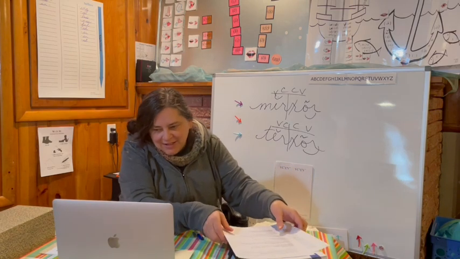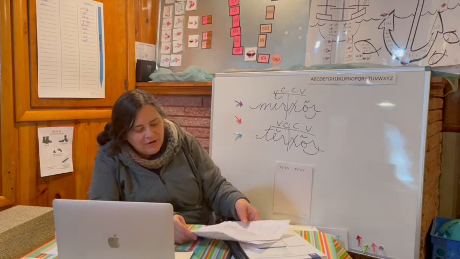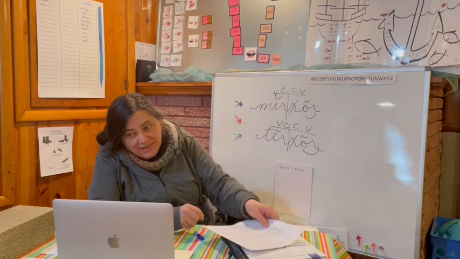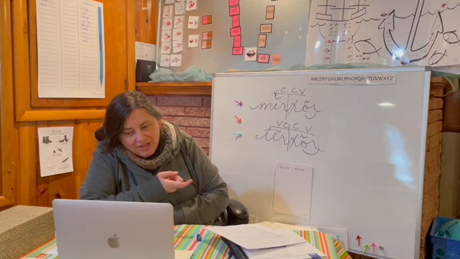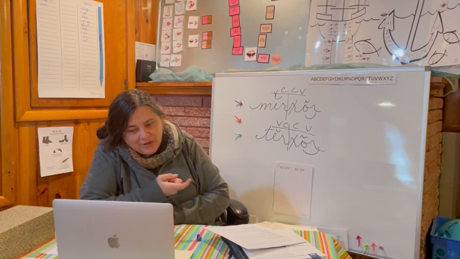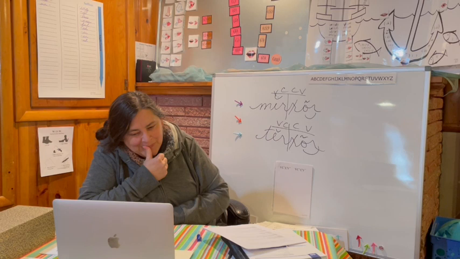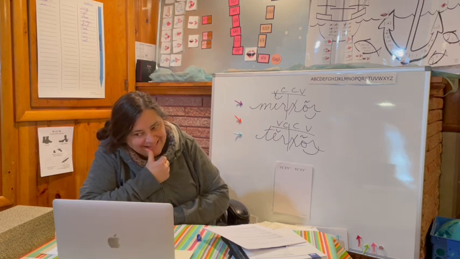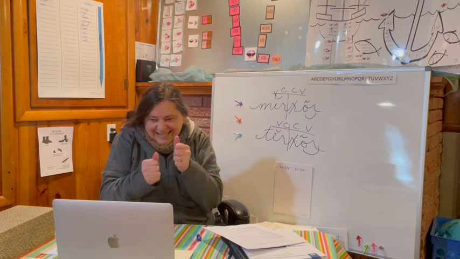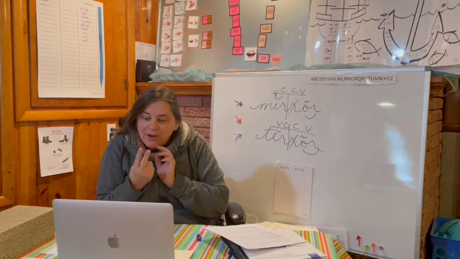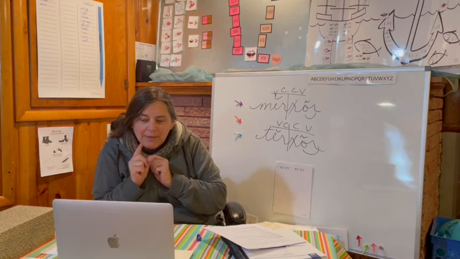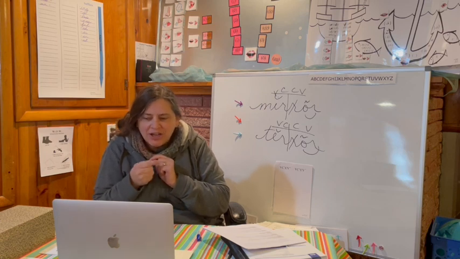Before we move on, just as a closure, let's see if you can remind me, if you remember, the difference between a combination and a digraph. Combination with an arc or a digraph with a line under it. Do you know the difference, or shall I remind you? Remind me. Good. Okay, so a digraph is when you have two letters next to each other, but they make one sound, like ch and sh.